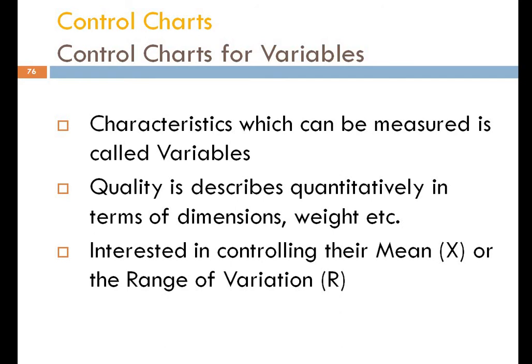Quality is described quantitatively in terms of dimensions like height, weight, etc. So when quality specifications are defined in terms of quantitative data, we use variable charts. In these charts we are interested in controlling the mean, that is X, or the range of variation, that is the upper control limit and lower control limit, which we are going to manage.